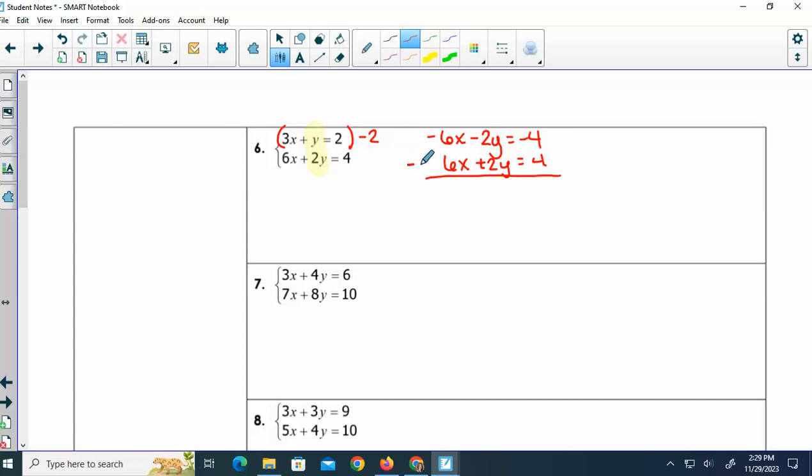When I add these together, negative 6x and positive 6x, they cancel. Negative 2y and positive 2y cancel. If everything's gone, what do we put? 0. If everything's gone, like 5 plus negative 5, that's just 0, equals, what's negative 4 plus 4? 0. So we have 0 equals 0. If I have a false statement, like 0 equals 4, then we know it's no solution. This is infinite.